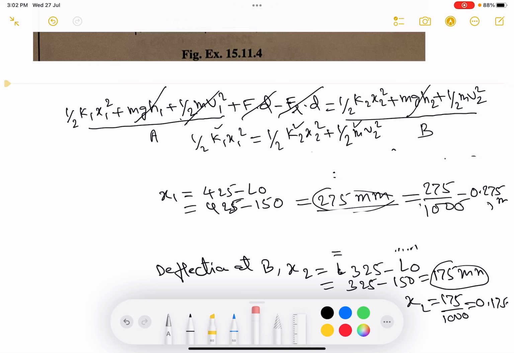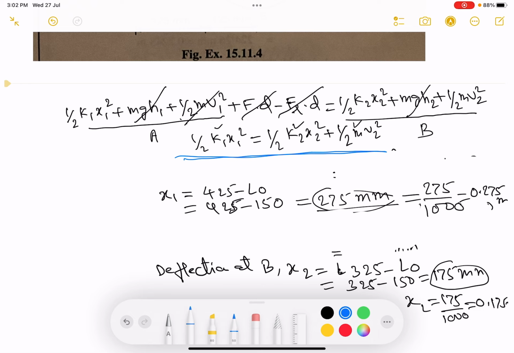Now these values are to be substituted in this equation. We have found out x1 and x2. We also know the value of K, so we can substitute.